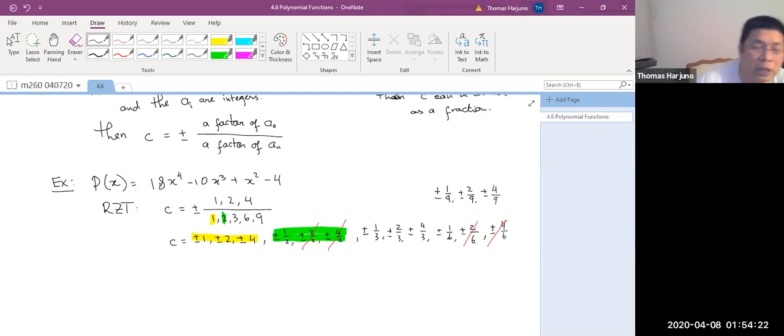Now, you will see when we try to factor the polynomial later on, we need to find the zeros. And to find the zeros, we'll do trial and error. We'll do a guessing game. But when we do the guessing game, we will start from those numbers that are more likely to happen.